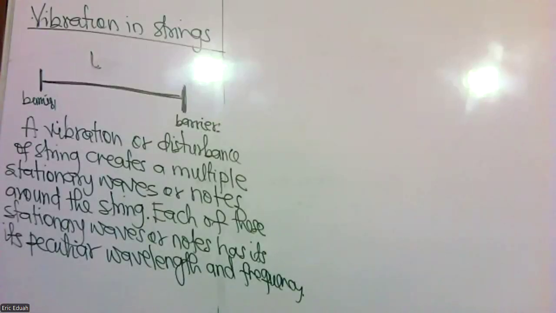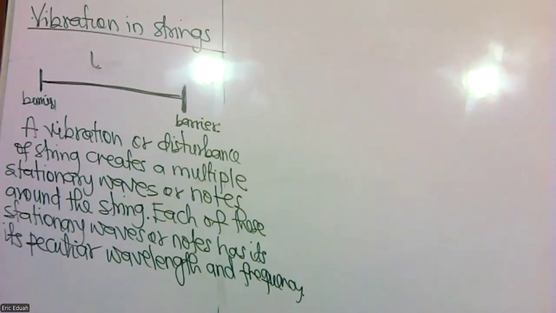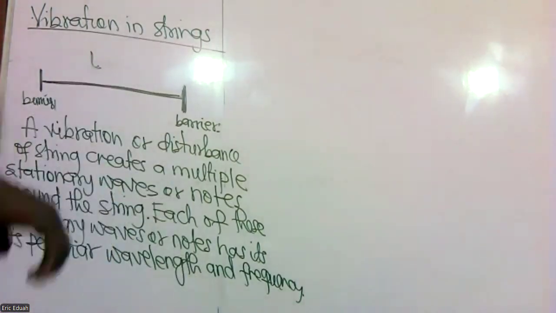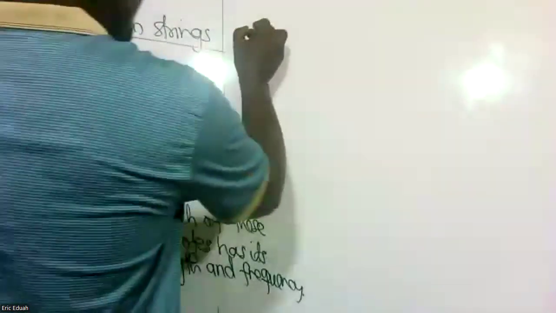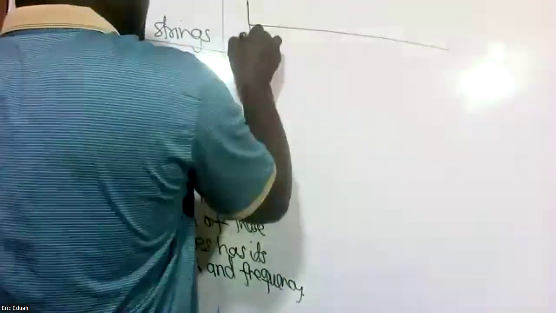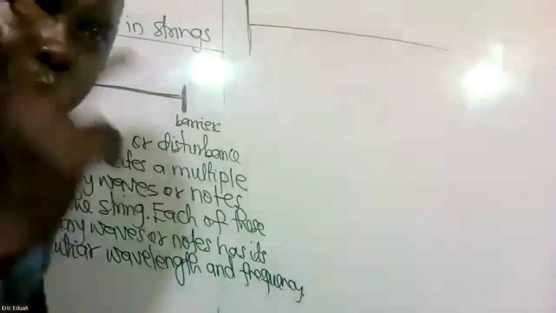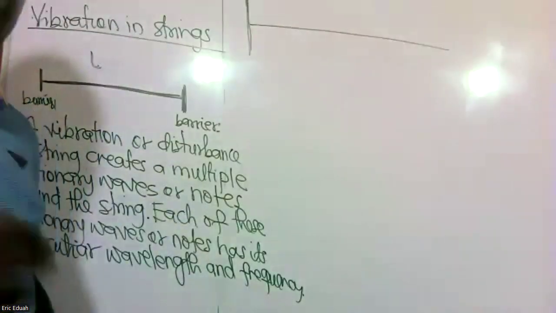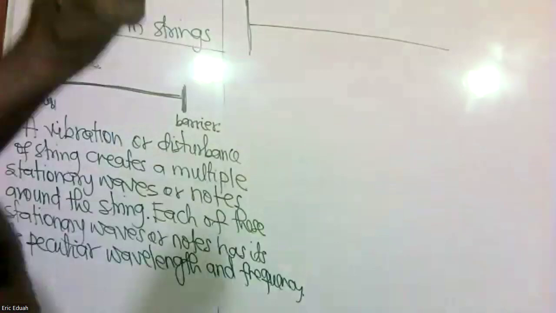So let's look at the first possible stationary wave, the first one created when the string vibrates. Don't forget that a stationary wave is two progressive waves traveling from opposite directions, superimposing or interfering.